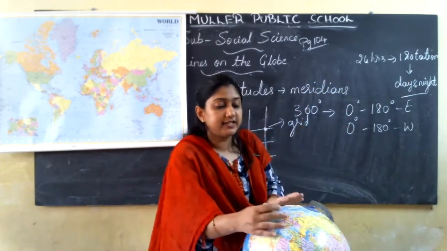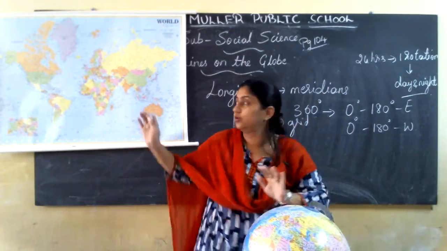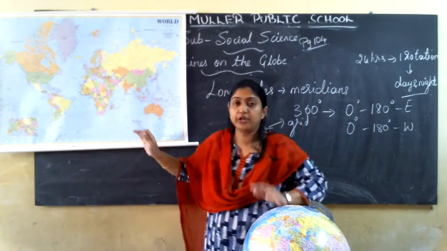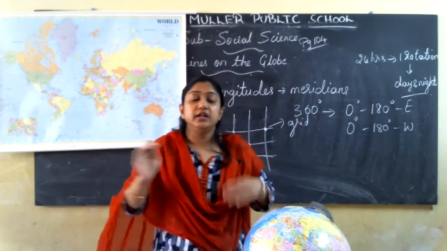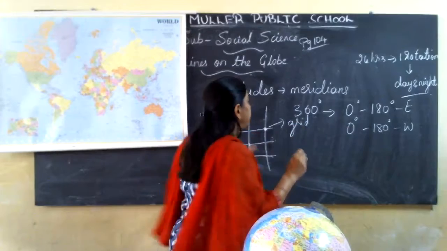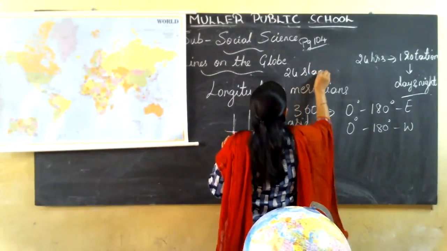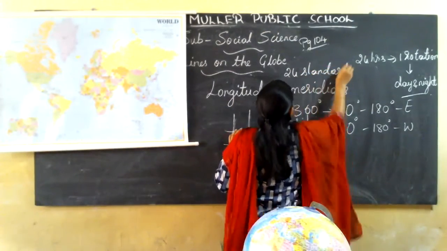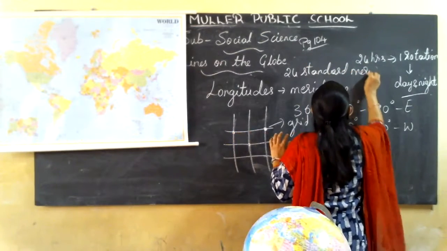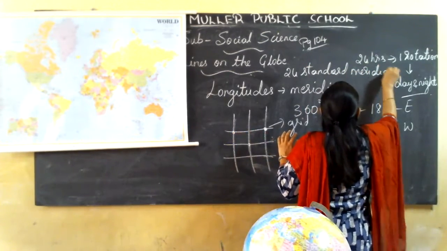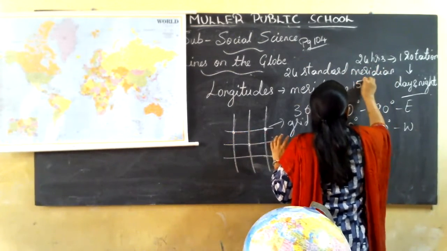So these 360 degree lines of longitude have been divided into 24 standard meridians, at an interval of 15 degree.